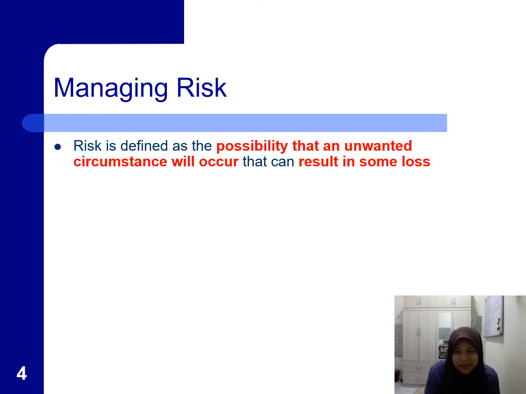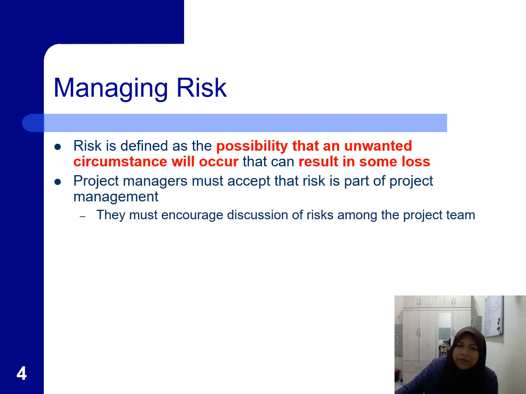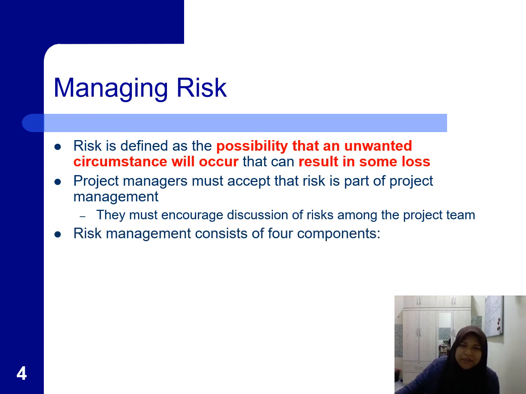It will result in loss. So you have to accept that risk is part of the project. For example, this semester, you're supposed to have a project that should be run. However, due to the COVID-19 situation, you will not be able to do so. So this is the risk.